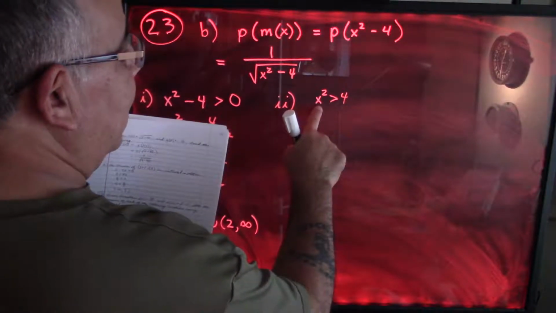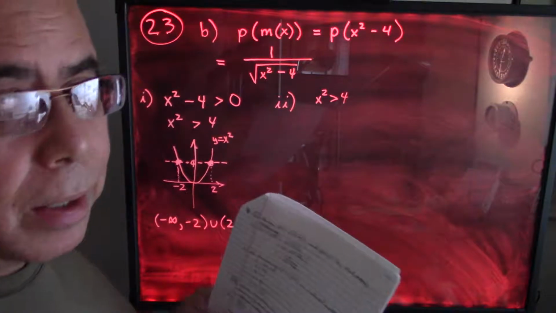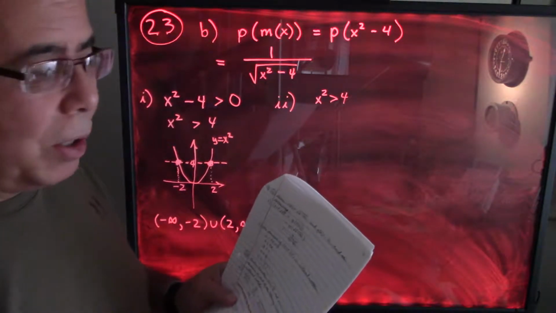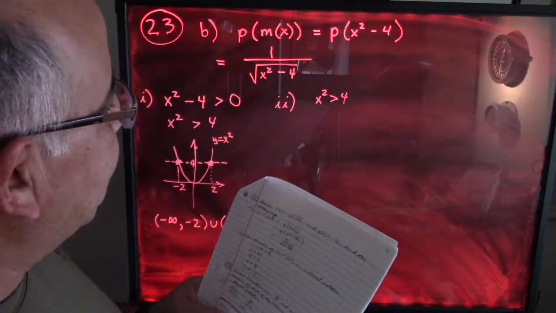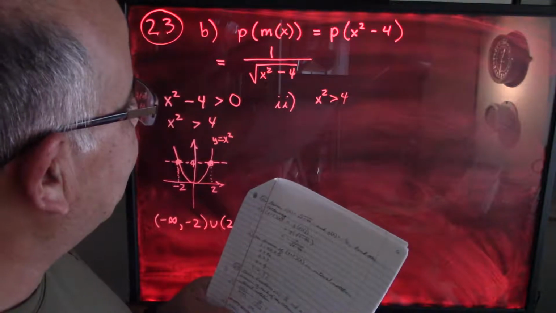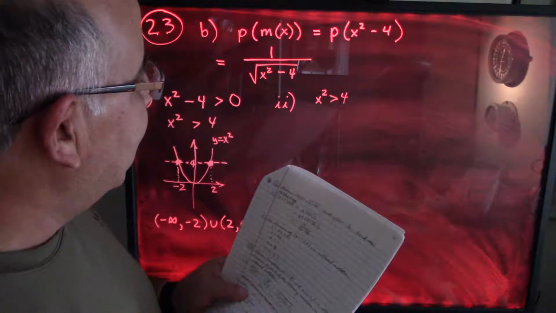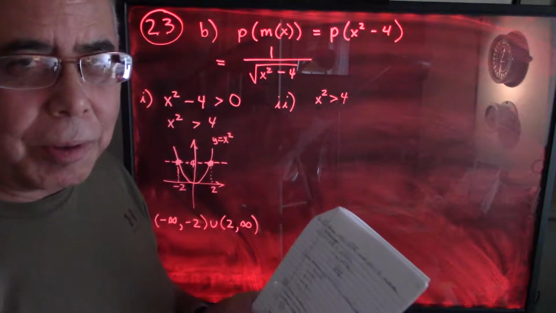X squared is always going to be greater than or equal to 0. When you square something, the least it can be is 0. Any negative number squared is going to be positive. So no matter what you put in there, it's always going to be greater than or equal to 0.